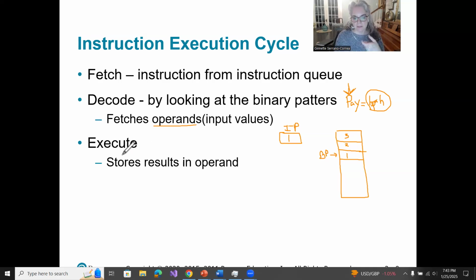In this particular step, the address of wherever pay is gets passed along the address bus with the amount of pay, and they go into the RAM, and that value is stored into the variable pay.